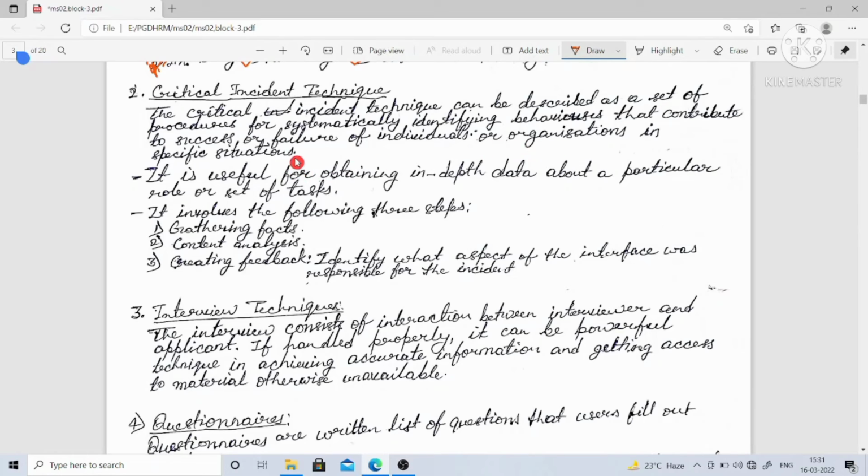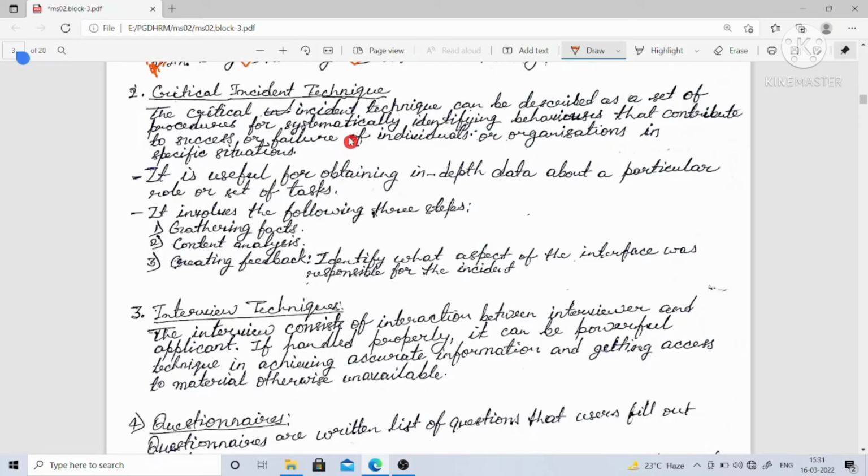Here the main goal is to identify behaviors that contribute to success or failure of the individual or the organization in a specific situation.